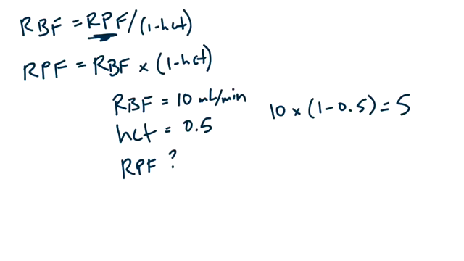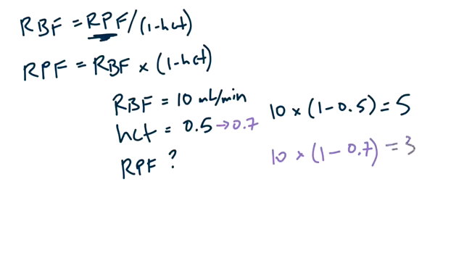What is the renal plasma flow if RBF is, again, 10 milliliters per minute, and the hematocrit is 0.7? Plugging these numbers in, we get 10 times 1 minus 0.7, or 10 times 0.3, which equals 3.